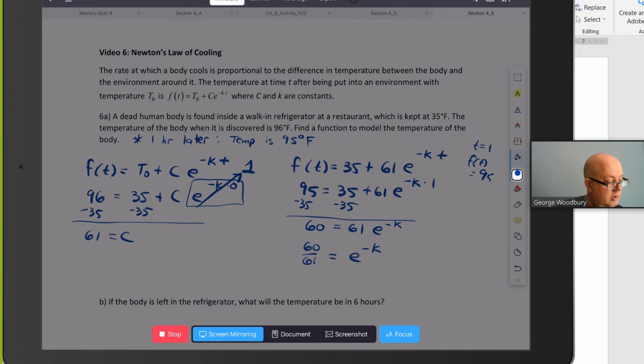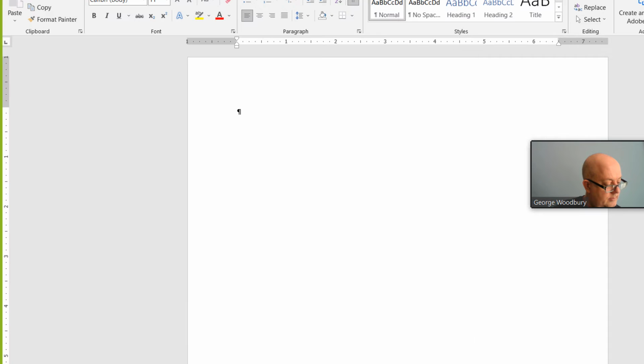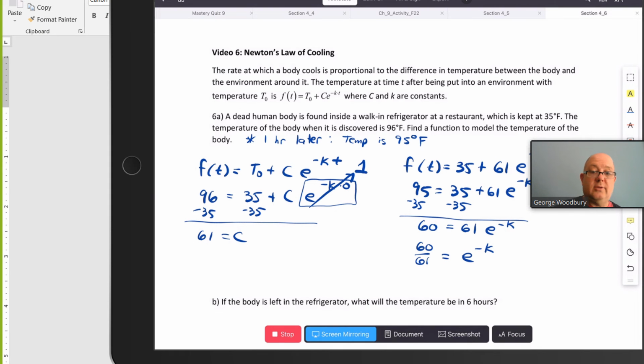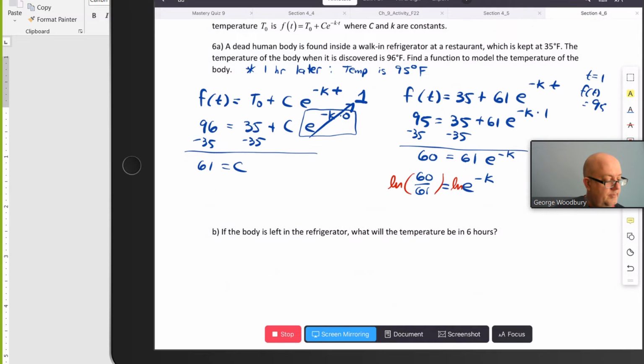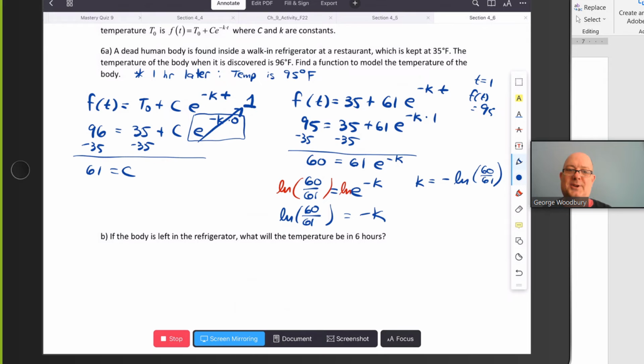Take the natural logarithm of both sides, and we're left with the natural logarithm of 60 over 61 equals negative k, or k is the opposite of the natural logarithm of 60 over 61.